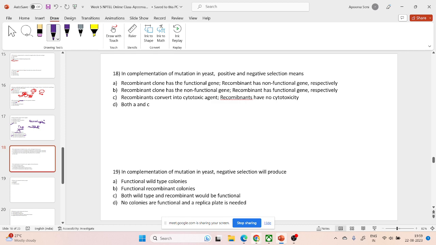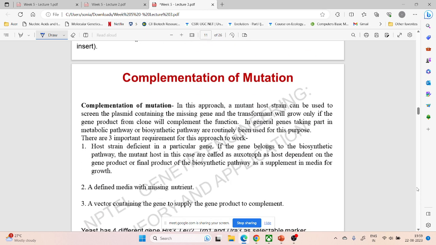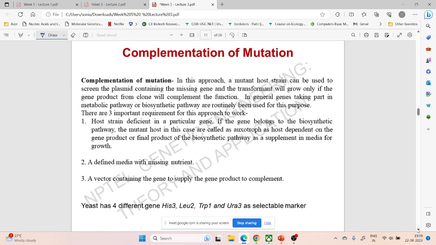It is correct, but we'll just see, and then we'll quickly discuss this concept, and then we'll move further. So basically, when we talk about complementation of mutation, it means that whatever mutant host strain they are taking is an auxotrophic strain.